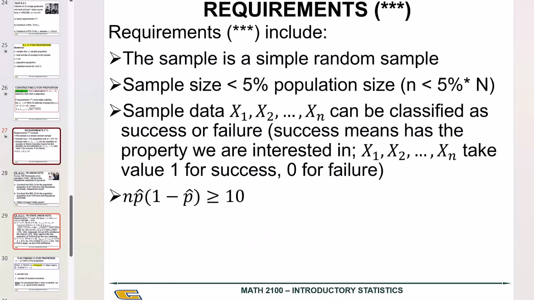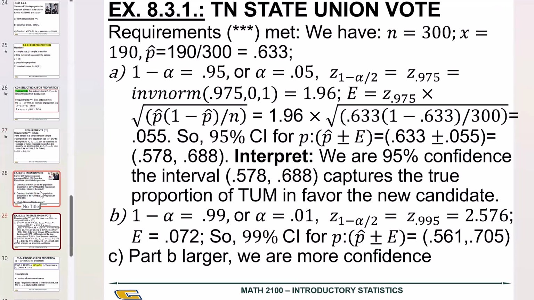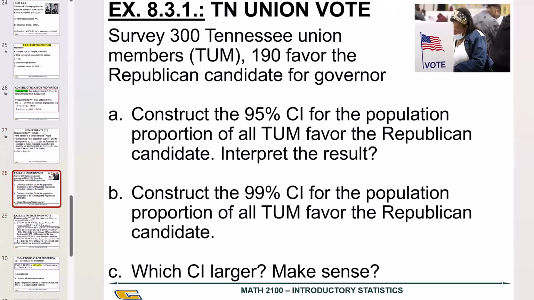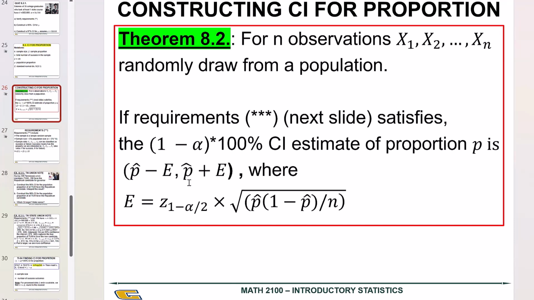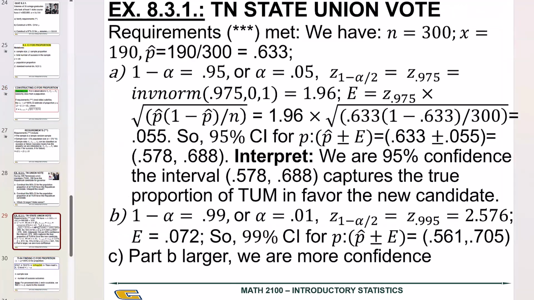So given all of that, now we construct a 95% confidence interval first by using this formula: p hat plus or minus E, and E is calculated this way, z of 1 minus alpha over 2 times this quantity. For our problem, in part A we talk about a 95% confidence interval, which means the significance level alpha is 0.05.